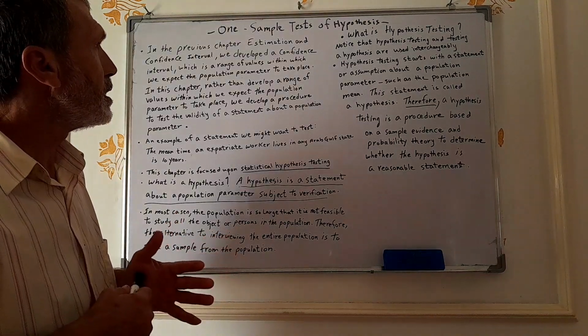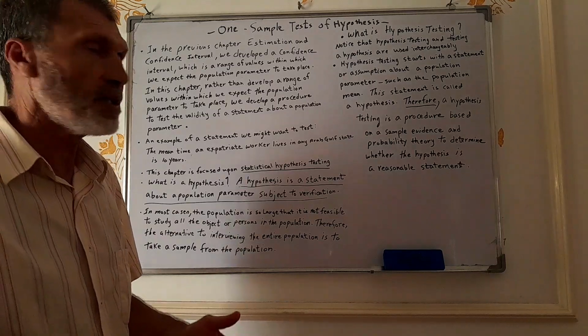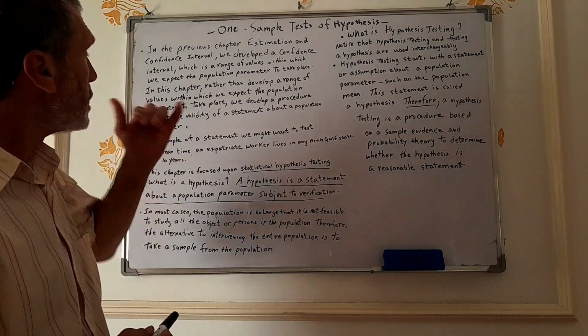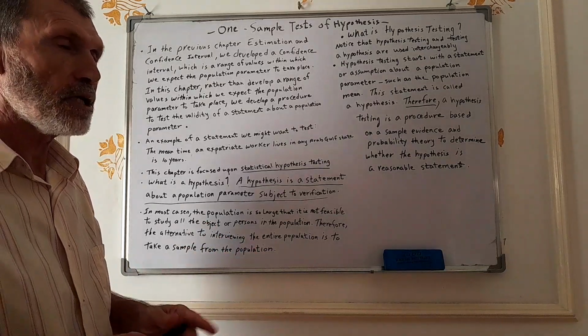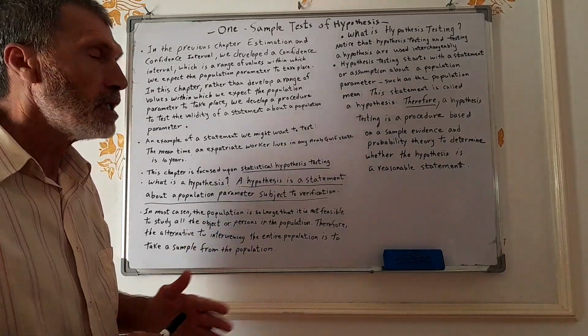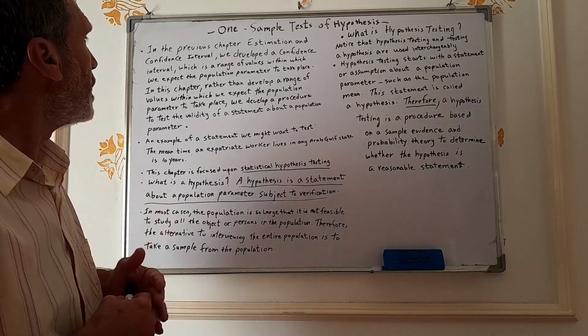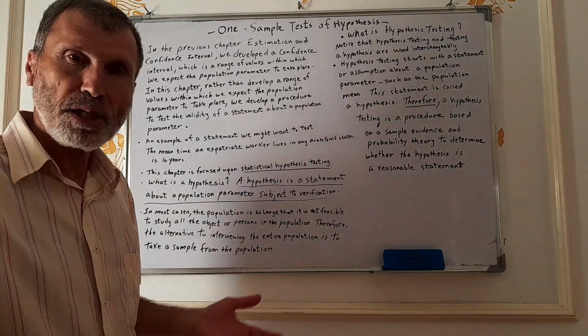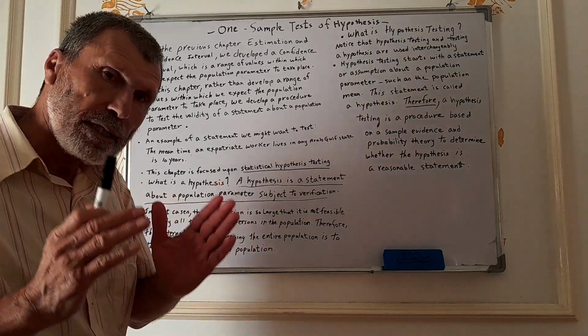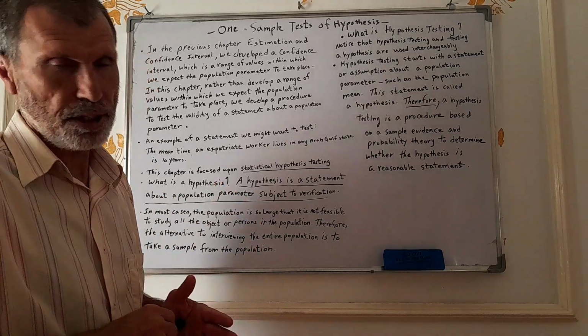We were concerned about developing a confidence interval, which is basically a range of values constructed from a sample in which we expect the population parameter, such as the mean, to occur.